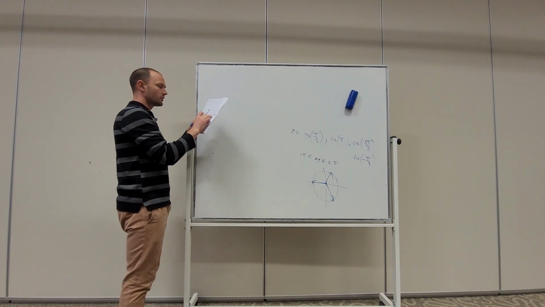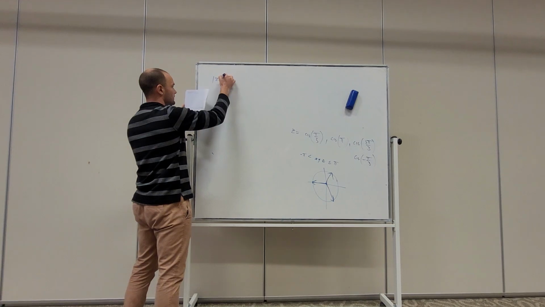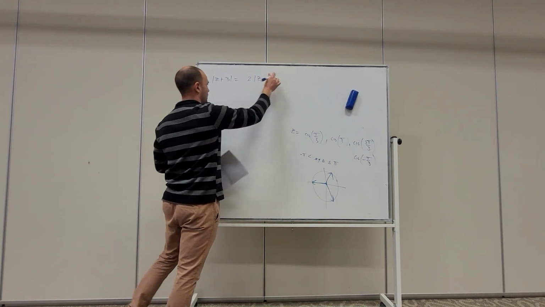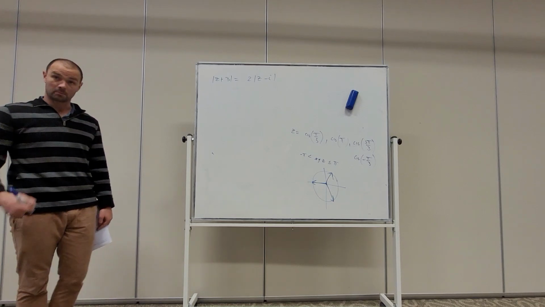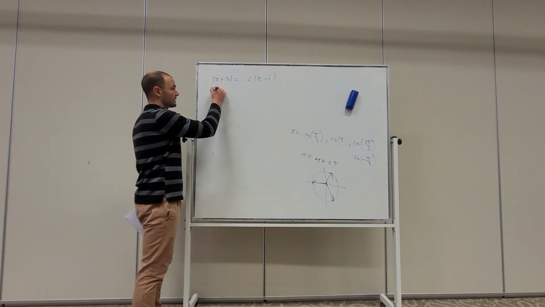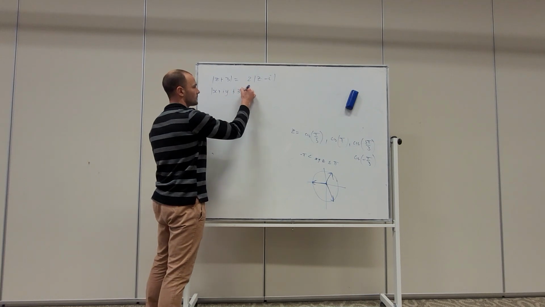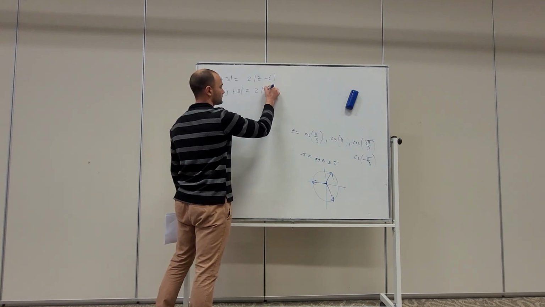So we have to sketch the locus such that the modulus of z plus 3 is equal to 2 times the modulus of z take i. Now z is some complex number such that x plus iy is equal to z. So that's what I'm going to do first.